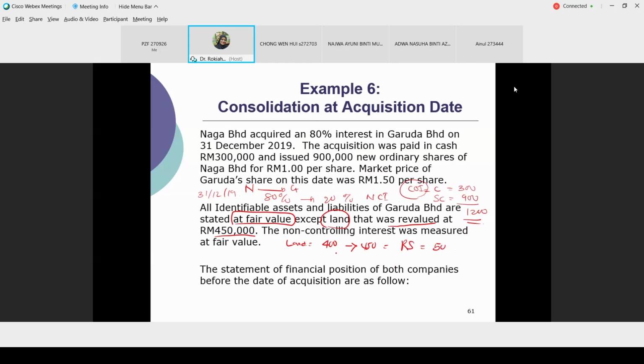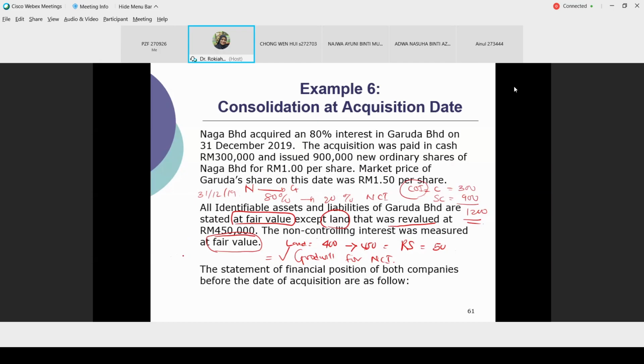Then it says the non-controlling interest was measured at fair value. Once the non-controlling interest is measured at fair value, it means there is goodwill for the NCI. So you're going to measure at the fair value of Garuda.